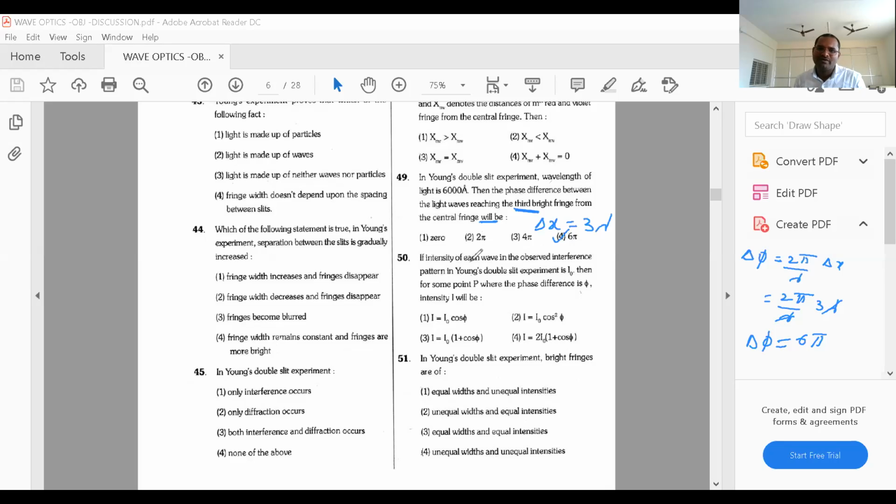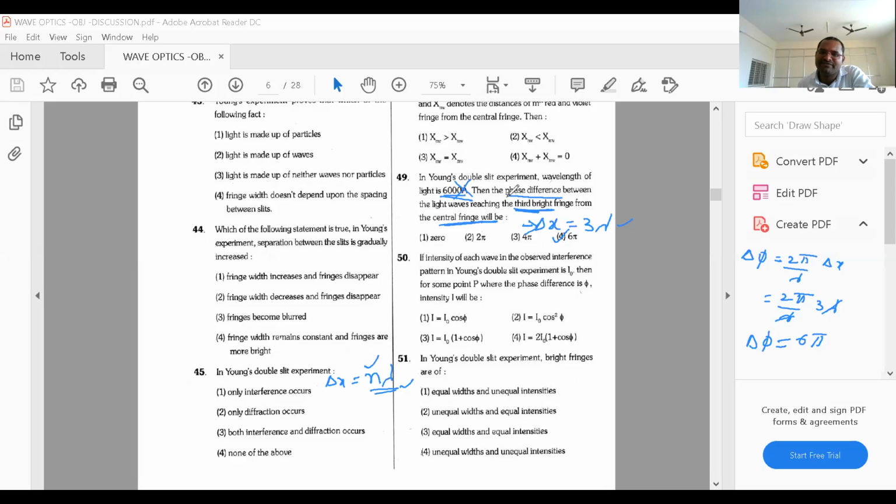They have given the wavelength also, but this wavelength is of no use. Don't get confused. They are just asking what is the phase difference between light waves reaching the third bright fringe from the central maxima. For the third bright fringe, what is the path difference? The path difference for the nth bright fringe is n lambda, so the third bright fringe means 3 lambda.